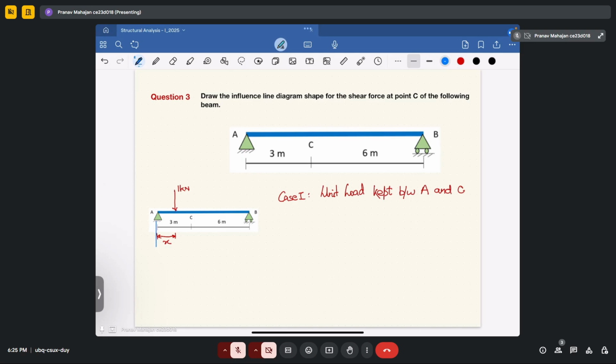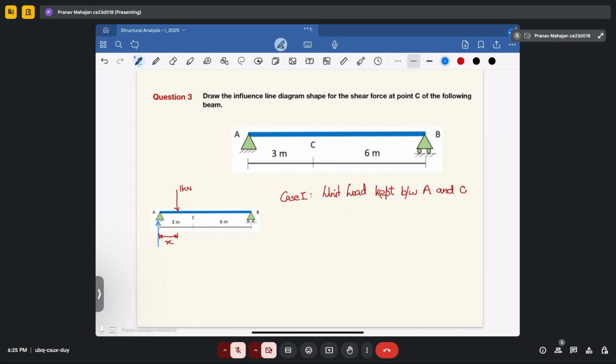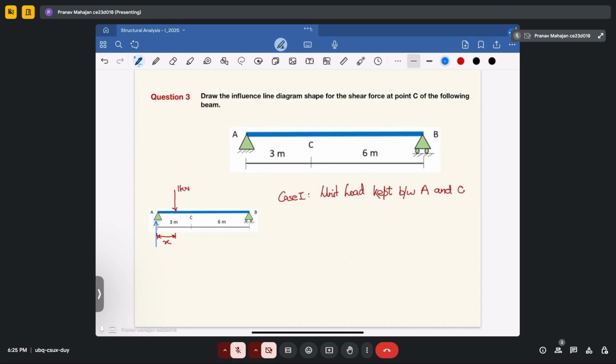So let's say I am marking the reactions to be RA and this to be RB. So what will you observe?